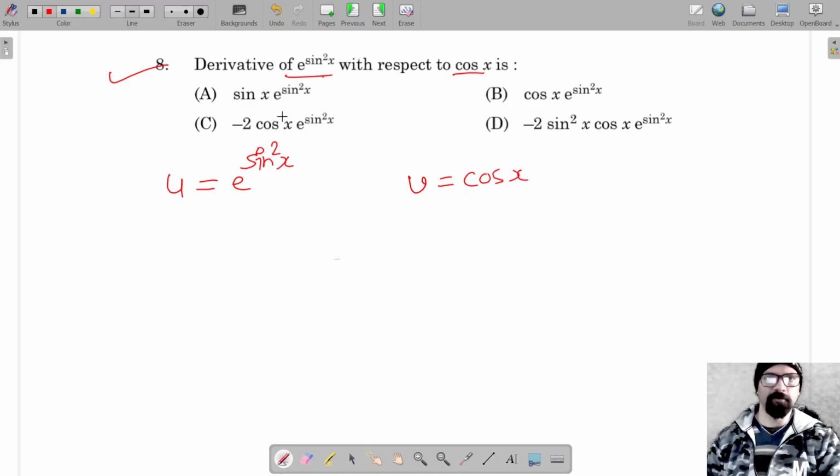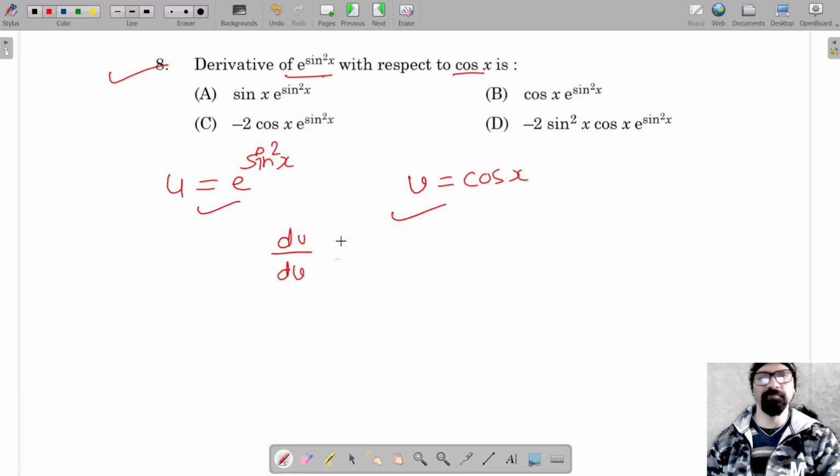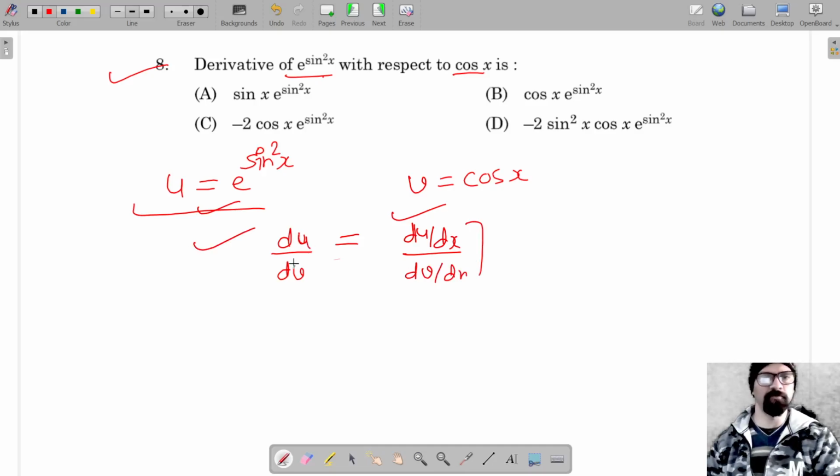Because we have to find the differentiation of this with respect to this, we have to find du by dv. Because these are in parametric form, we are going to differentiate u with respect to x, and then v with respect to x, and if we divide them, that should give me the required differentiation du by dv.